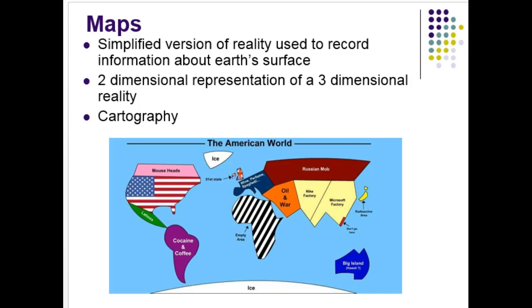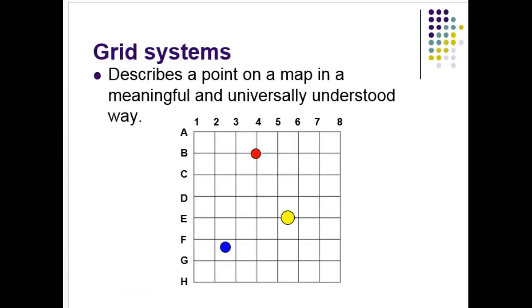But we're getting a little further afield from where I wanted to go. Let's talk about grid systems. When we start looking at how we actually describe a point on a map, that's actually kind of difficult if you think about it. Imagine, if you will, that I was tossing you a ping pong ball with a dot marked on it.